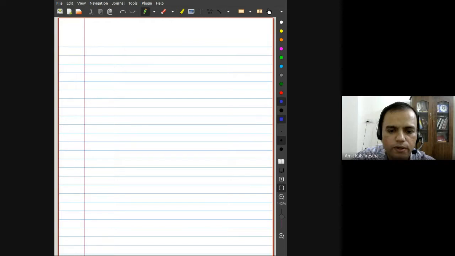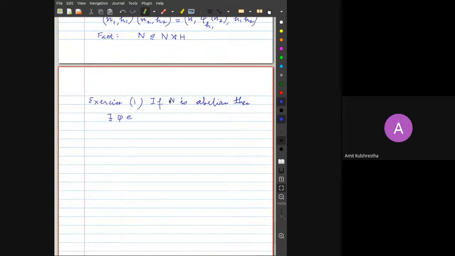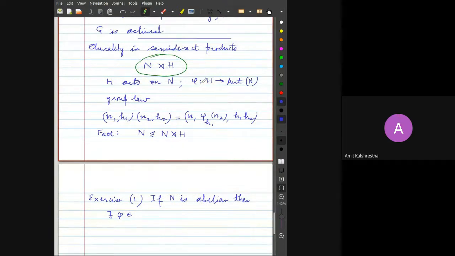Okay. Now a couple of things I'll just mention as tutorial exercises maybe. So first is that this is easy. If N is abelian, then there exists an automorphism. Maybe this phi is not to be confused with that phi, so I can just change this notation.